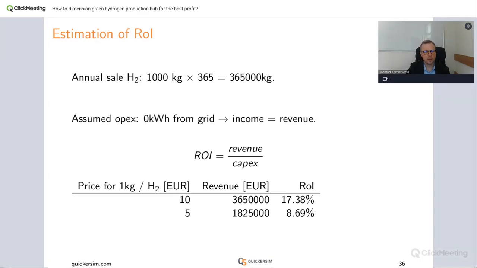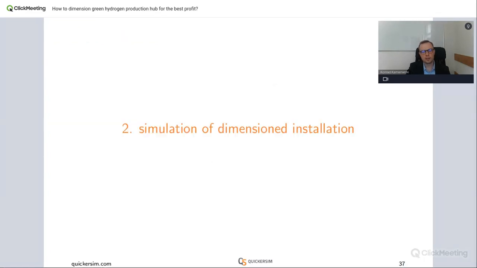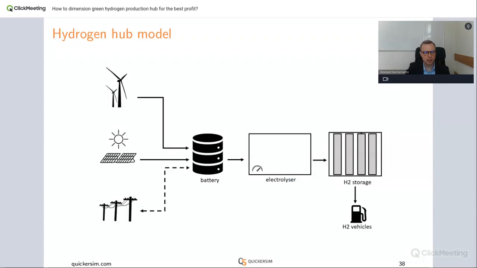Okay, let's move on. So we know how the installation will work if we do some easy paper and pencil calculation based on average annual data. Let's try to simulate this installation using our simulation script, our approach. So we can build a model of the installation.